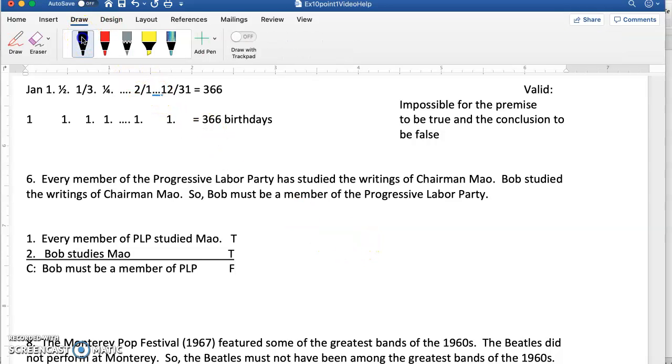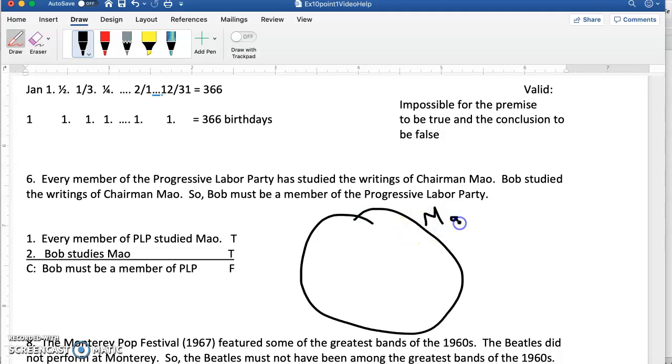So imagine we draw a circle of everybody who has read Mao. And inside of that circle, we draw another circle, and this circle is all members of the Progressive Labor Party. And then over here, outside of the PLP circle, but inside of the Mao circle, is Bob. Put him right there.